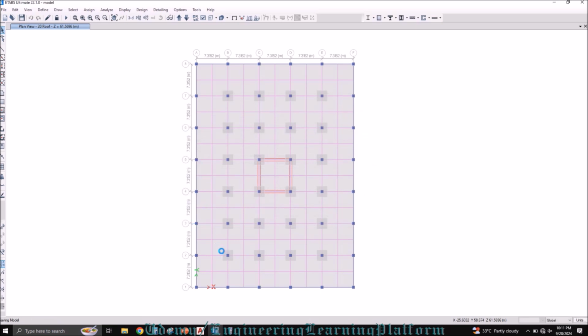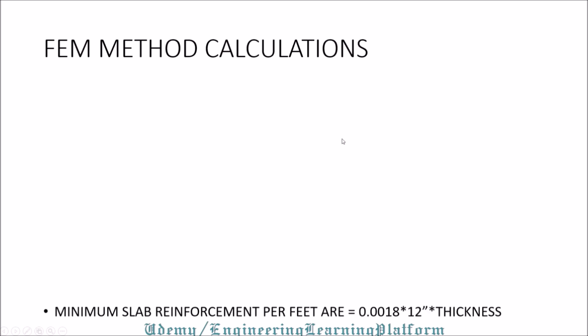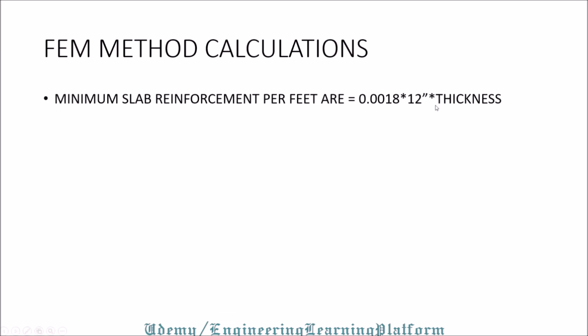In the meantime, when the analysis is running, we can check the minimum reinforcement required for the slab. The minimum slab reinforcement depends on the thickness of the slab, and the formula to calculate it as per ACI code is 0.0018 into 12 into the thickness of the slab. Since we are calculating the minimum slab steel area requirement per foot, we are using 12 inches in the formula.